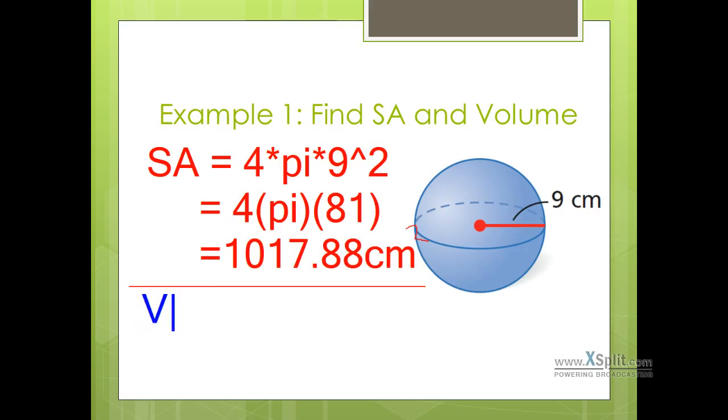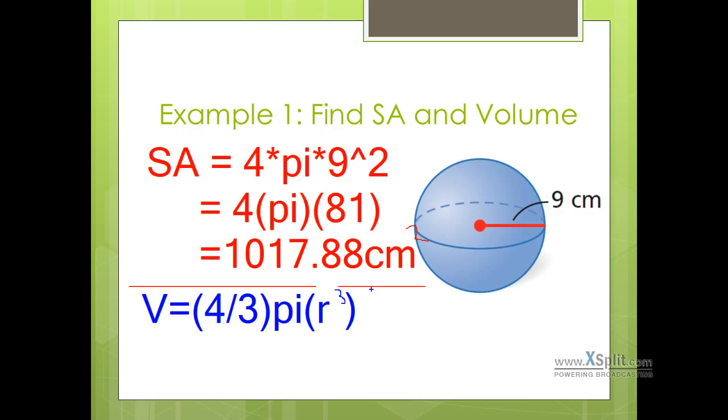Looking at the volume now, volume is equal to 4 thirds pi times r to the 3rd power. So 9 to the 3rd power. That'd be 9 times 9 times 9. So plug into my calculator, 9 to the 3rd power gives us 729.